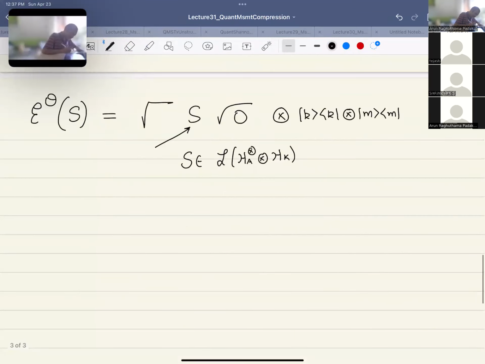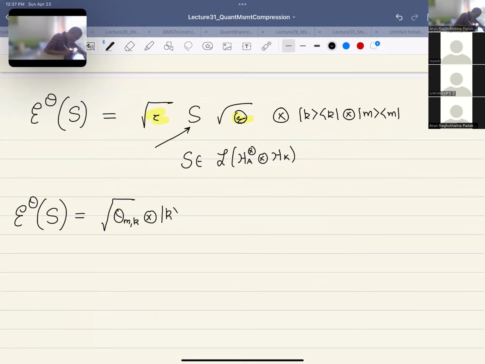Okay. So what is this guy? What are these objects? So I'm going to write this down. E theta operated on an element that has both the particle and the public coin. That is your S. S represents that. You do the following: theta mk root of the rank 1 operator kk, right? That root of rank 1 operator kk is kk itself.